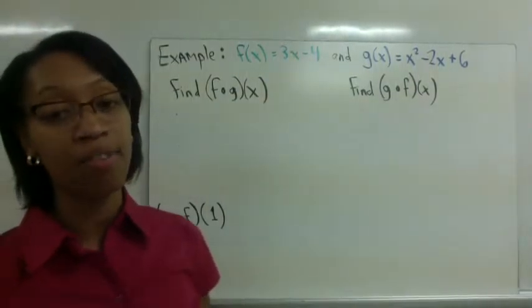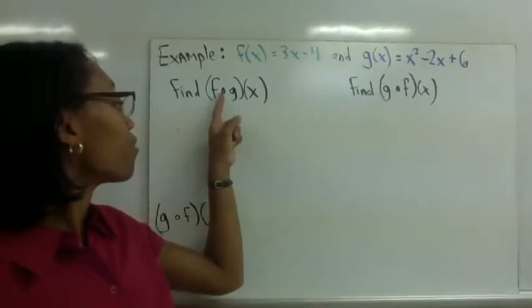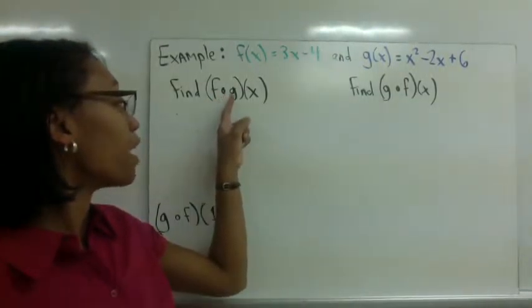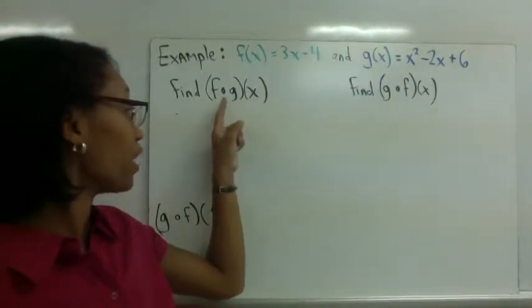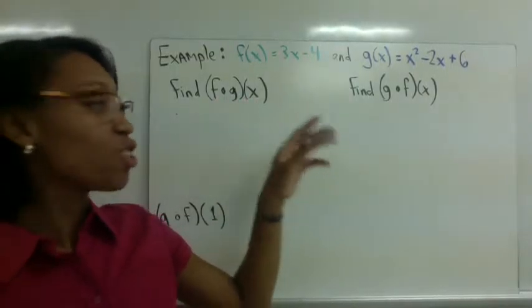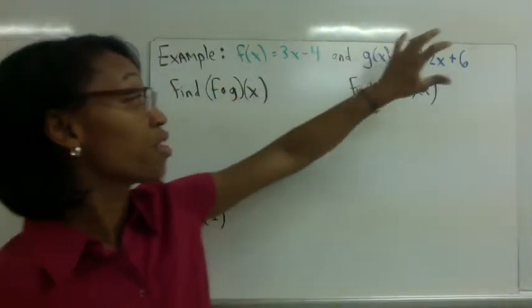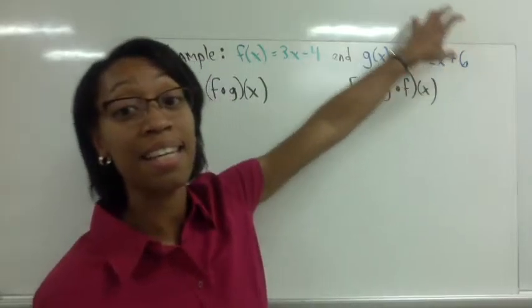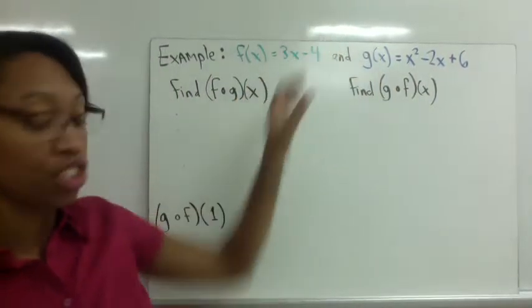All right, let's find f of g first. So this is f followed by g. We're going to take the g function first, and we're going to plug it inside of the f function.